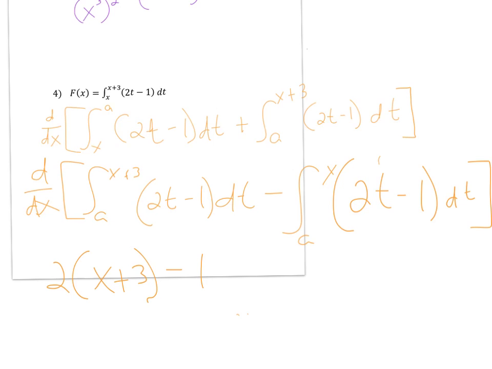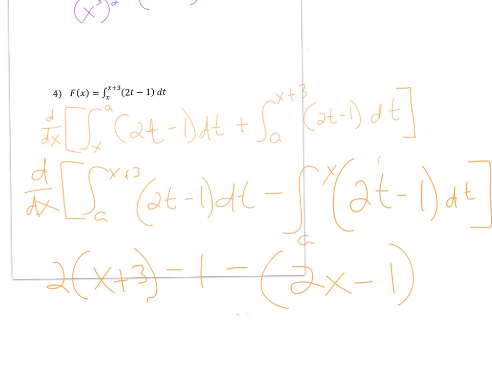So there's my 2t minus 1 with x plus 3 as my t. And then I'm going to be subtracting the whole thing now, and this one's going to be 2t minus 1, except I'm going to be substituting in the x. So 2x minus 1 is going to be the second piece right there.